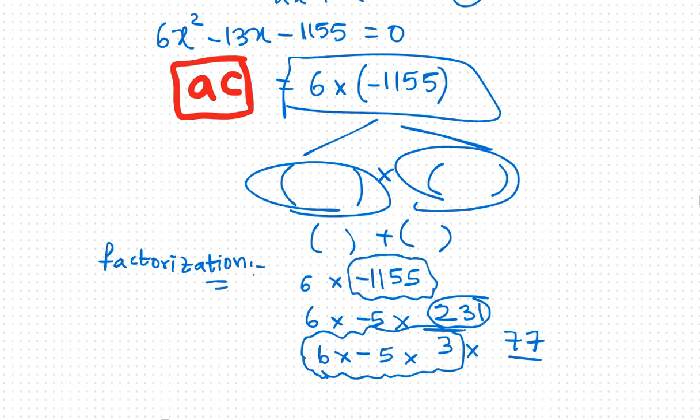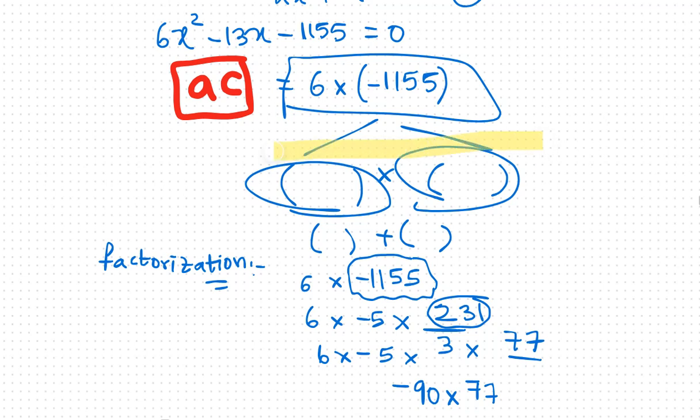Which three things? 6 times -5 times 3. That's -90. So negative 90 times 77. What do you get? Negative 693. See, no need to multiply them.